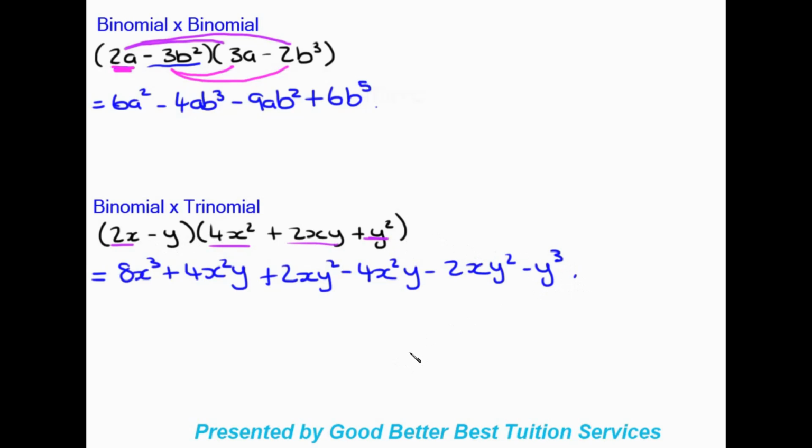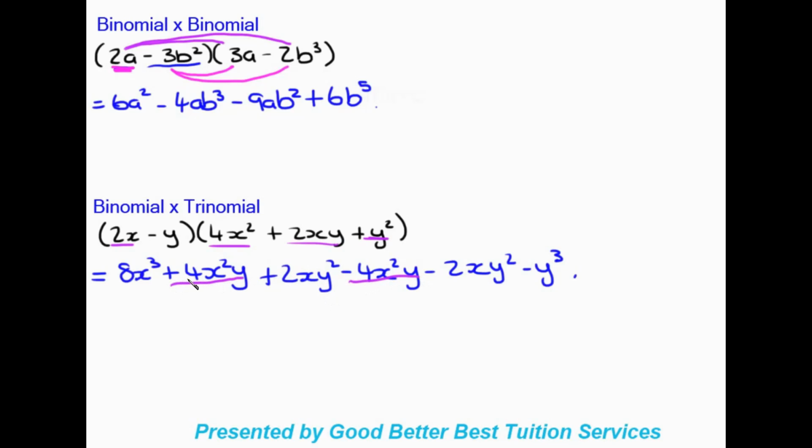And once again, as you can see, we're going to have a look if we have any like terms. We have 8x cubed. Are there any other x cubes? No, there isn't. So now we have an x squared y. We can see we have an x squared y here once again, which means that there is a like term present in here. And then if we look again, let's just highlight where our like terms are quickly. So we can see we have a positive 4x squared y and a negative 4x squared y.